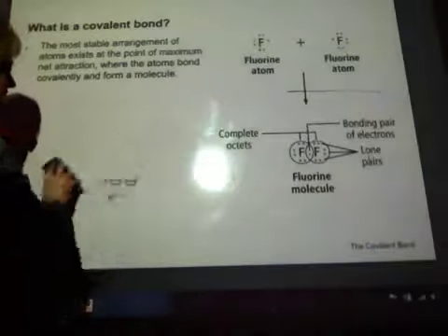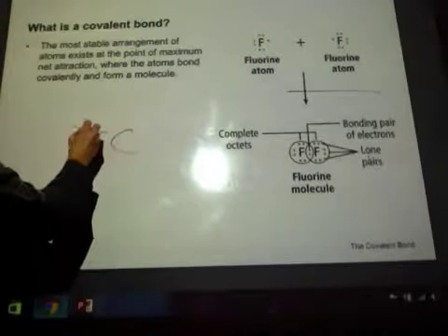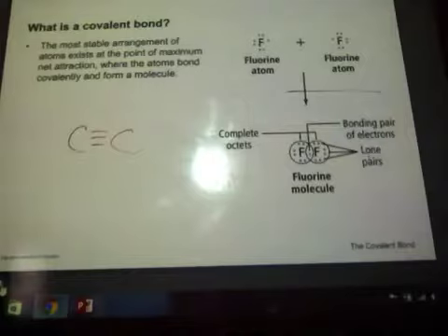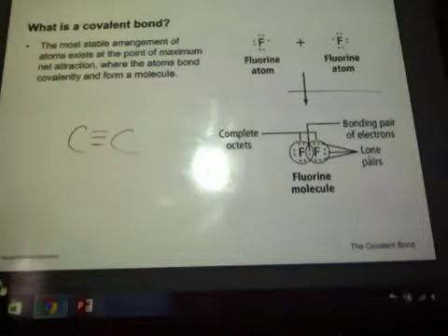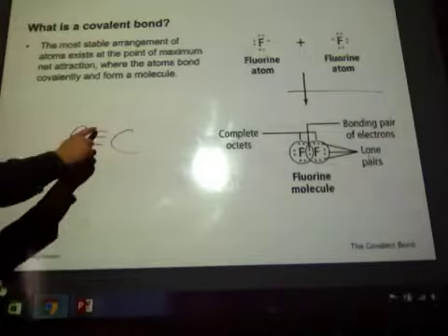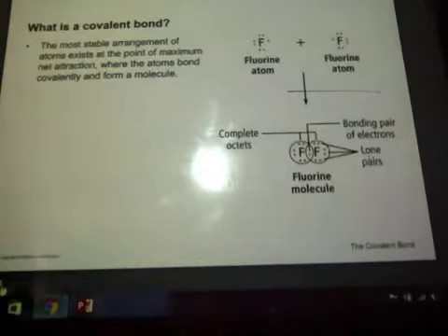So, for example, if I have carbon, carbon can have a triple bond. That would be called a triple bond. How many electrons do those 2 carbons share? 6. 2, 4. Everywhere there's a line, there are 2 shared electrons. So in that case, there would be 6 electrons that are shared.